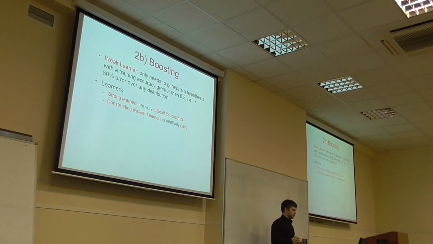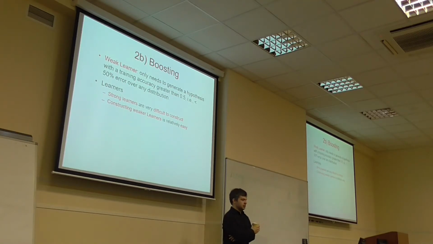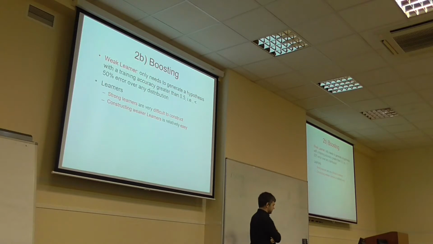So what is a weak learner? A weak learner is basically a classifier that produces results a bit higher than random. Of course, 0.5 is for binary classification, right? So it's correct in 50% of cases. In fact, it's very difficult to construct strong learners.